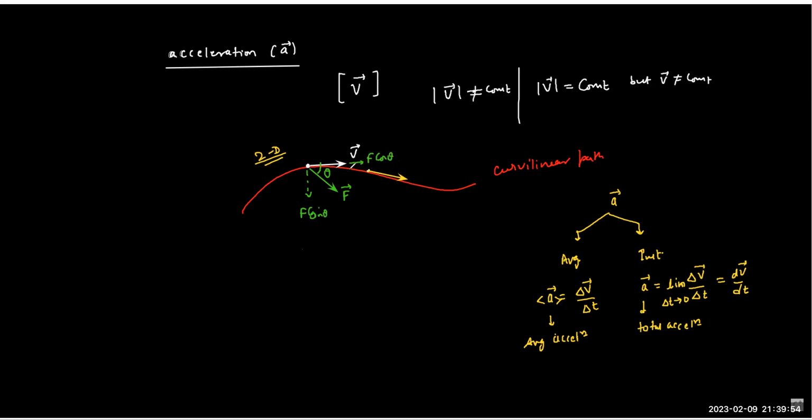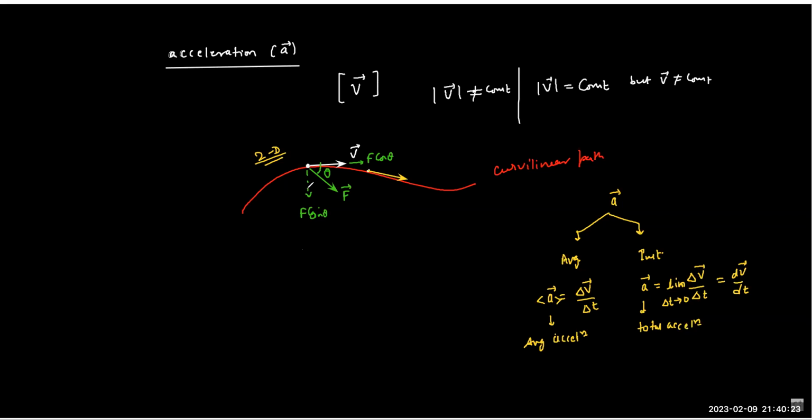Only the tangential component can either speed up or slow down, depending on the direction, whether it is supporting or opposing. So the force which is tangent to the path will create the tangential acceleration, and the force which is perpendicular to the path cannot change the magnitude, so it will only help in changing the direction, and that is called the centripetal force.